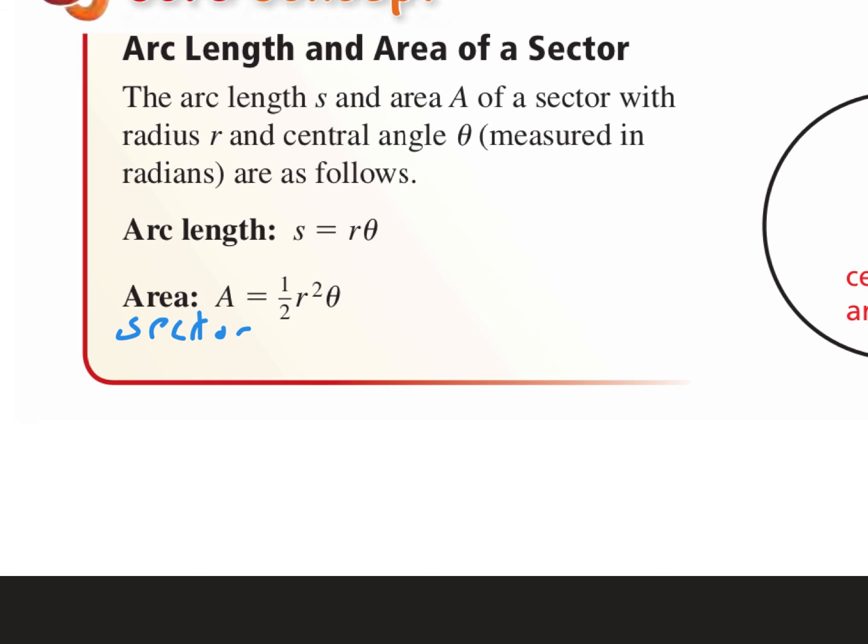So our formula for arc length, S is arc length. So S, arc length, is equal to r, which is whatever our radius is, times theta, which is our angle. But here we have to be careful because theta is always measured in radians.